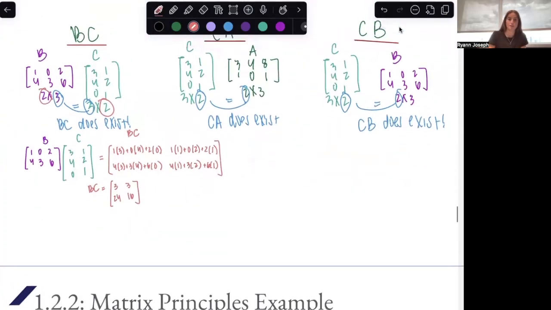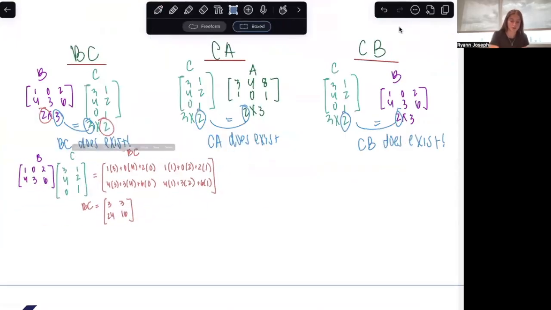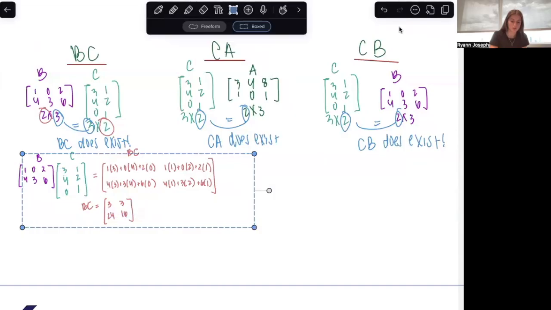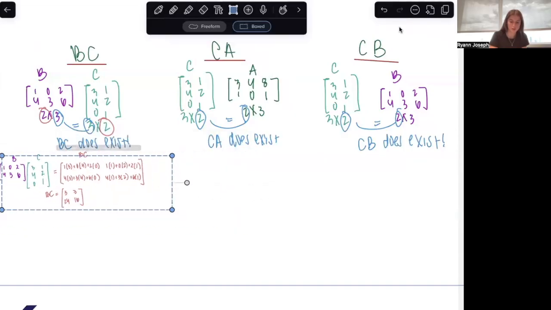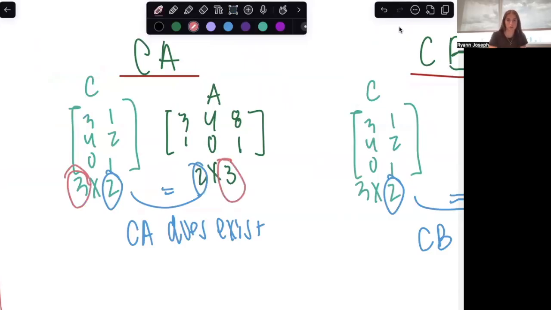All right, now I'm going to move this over a bit. Or maybe I'm not. Just squeeze it a bit. Okay, CA does exist. CA is going to be a 3 by 3 matrix.